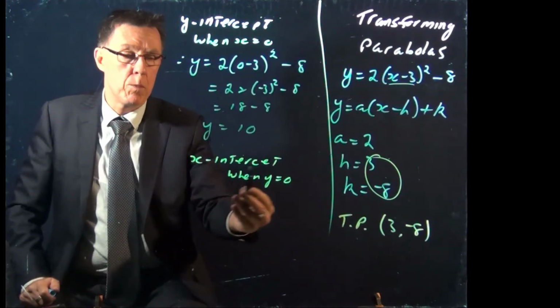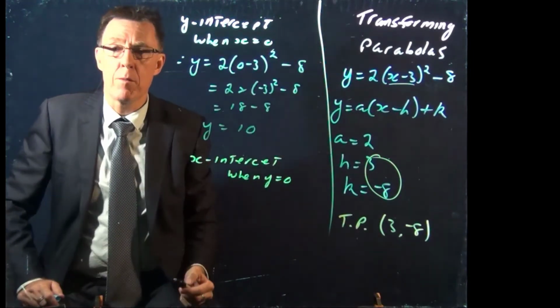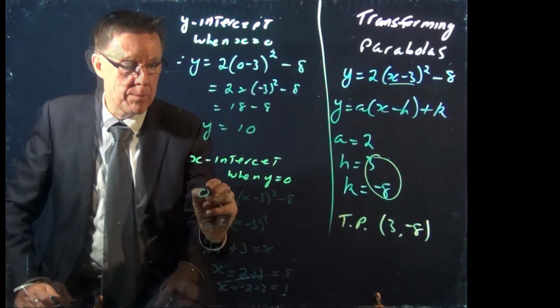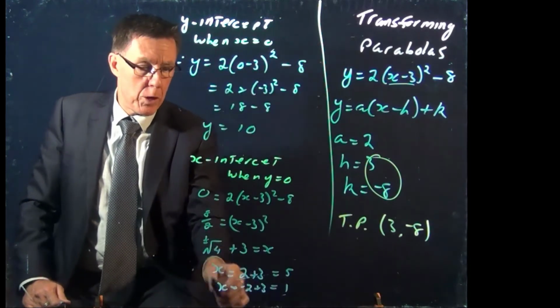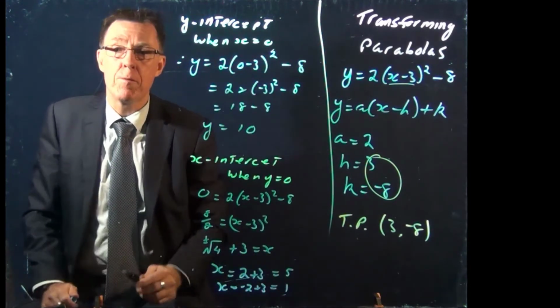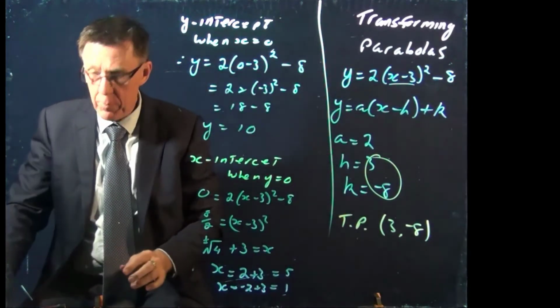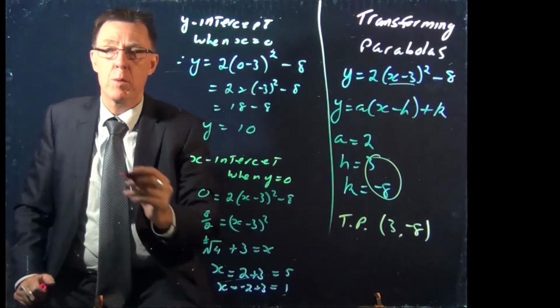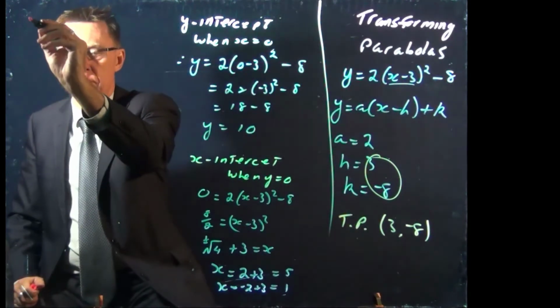So if I now do the opposite, make y equals 0, I'll find the roots of the equation where it cuts the x-axis. Now, I'm able to show that it cuts the x-axis at positive 5 and positive 1. If I put that information together now, I can go ahead and graph that. So I'm looking for a turning point at (3, -8).